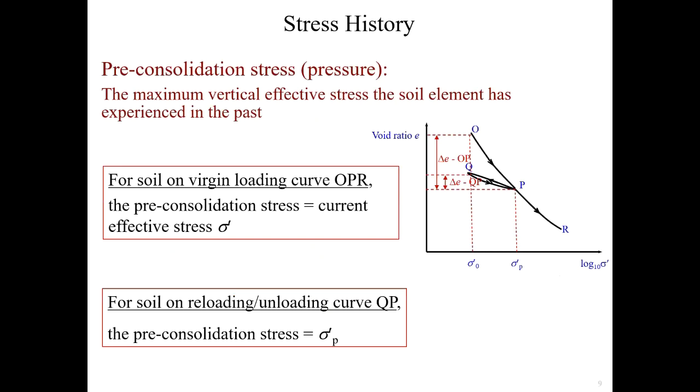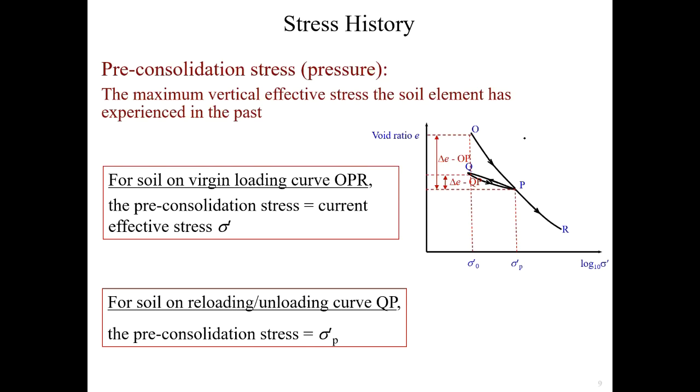And it's a record of the highest stress the soil has ever felt. So for the soil on the virgin loading curve OPR, the pre-consolidation stress equals the current effective stress, sigma prime. And for the soil on the reloading or unloading curve QP, the pre-consolidation stress equals sigma P prime.